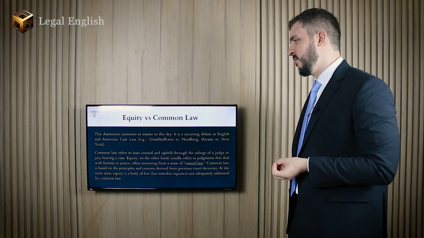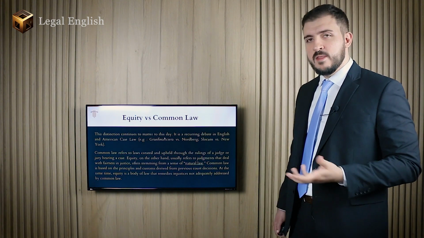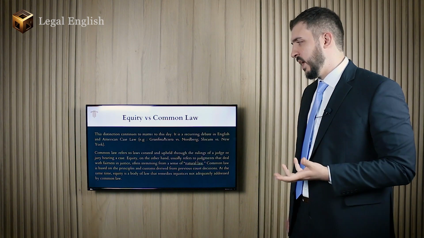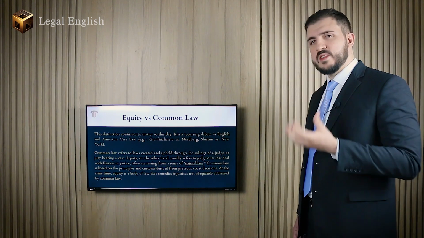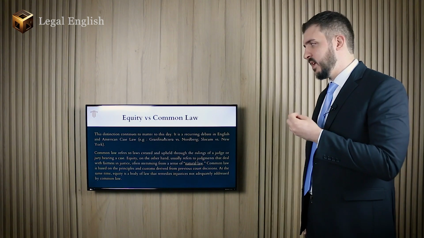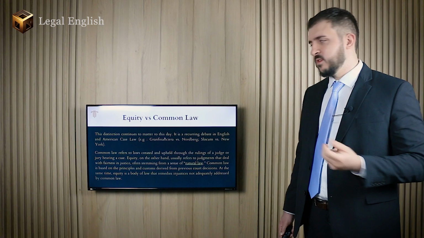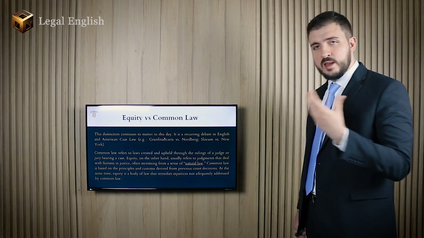If you have something that isn't a common law case but is an equity case, then you can have the judge decide by himself. But if it's a common law case, you have to use a jury, right? So when you deal with this idea of natural law, when you deal with the idea of what's right and what's wrong, such as in the consumer case, you can use the common law jury trial in America and in the UK as well.